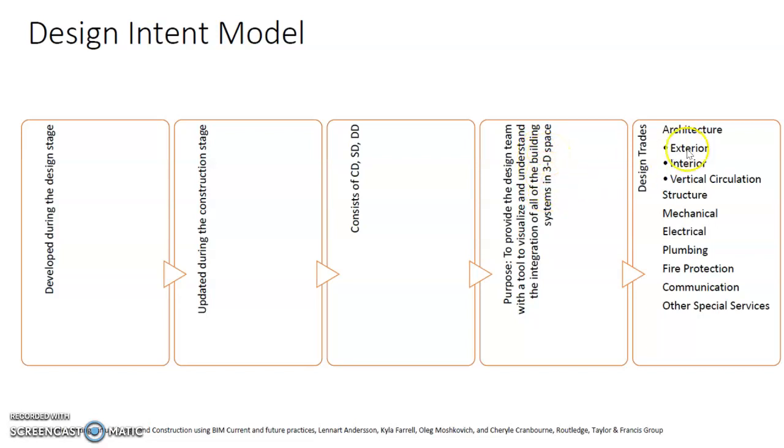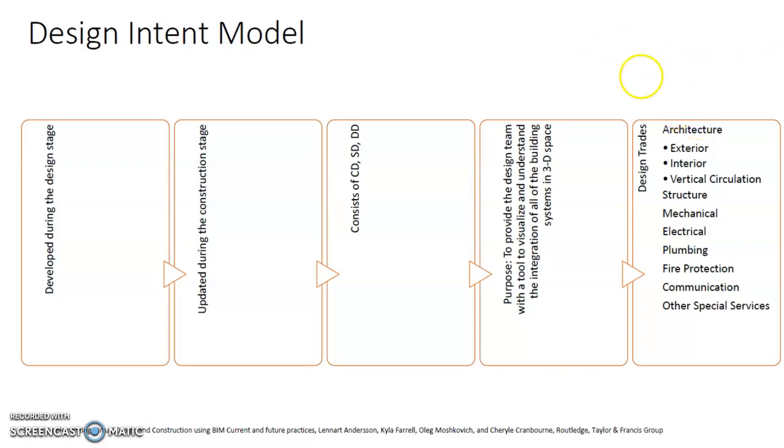Because the different stakeholders, like your architecture, structure, mechanical, electrical, plumbing, fire protection, communication, and other services, need to have a model for them to work together, or to talk about.